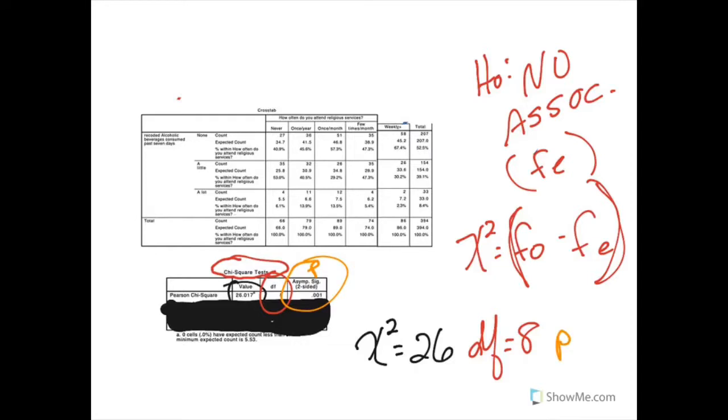Is p less than 0.05? And 0.001 definitely is. And so this is all we need to report. You don't have to report the exact p-value. It doesn't give us any information. So again, you report all 3 of these.